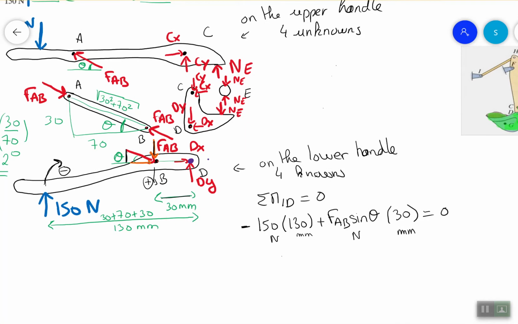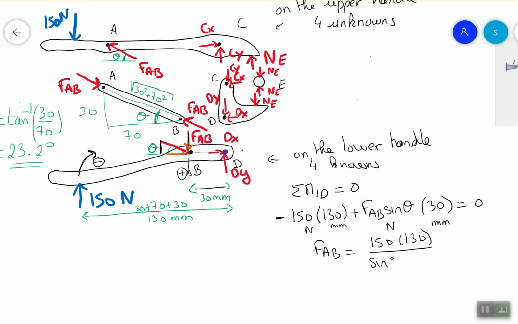So we have FAB, that is equal to 150 times 130 divided by the sine of the angle, that is 23.2, times 30 millimeters. So FAB is equal to 150 times 130 divided by 30 millimeters sine 23.2.